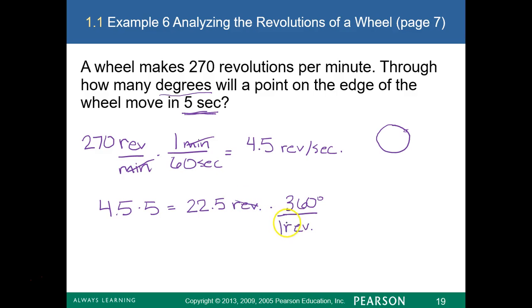The revolutions cancel out, and you end up with this many degrees, which is how many degrees that point on the edge of the wheel moves in 5 seconds. And that's it. We are done with this section.